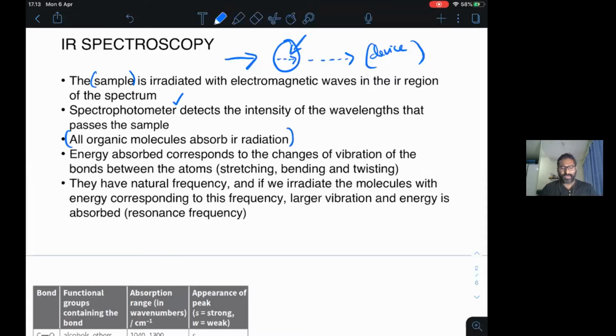So there are certain kinds of changes of vibration in the bonds of the atoms. According to physics, all of them have a natural frequency.